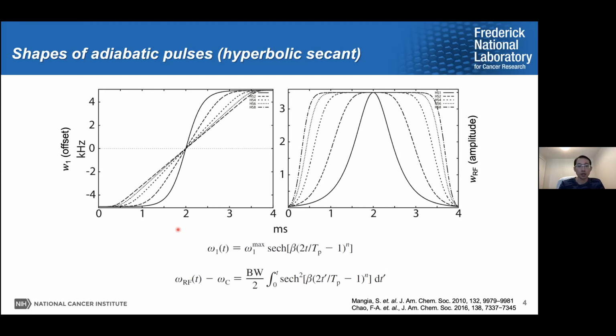On the left-hand side is how your adiabatic pulse sweeps through the different frequencies. Unlike the conventional R1 rho experiment, where you are fixing your offset and fixing the amplitude of your RF field, here both your offset and your amplitude change constantly. So that is the shape of the pulse.